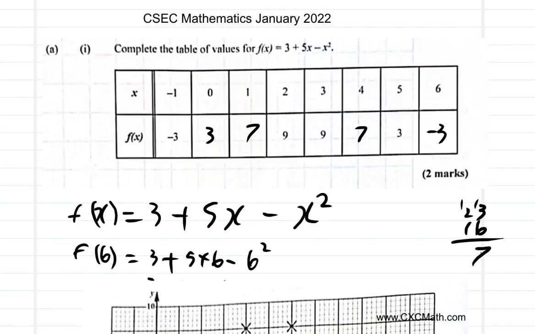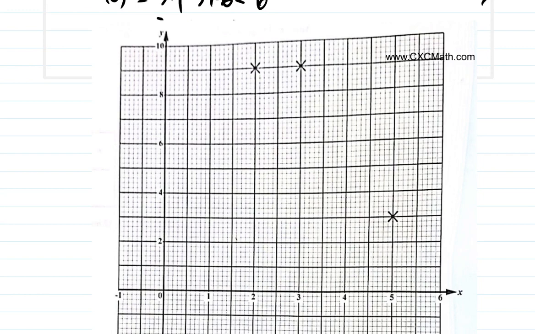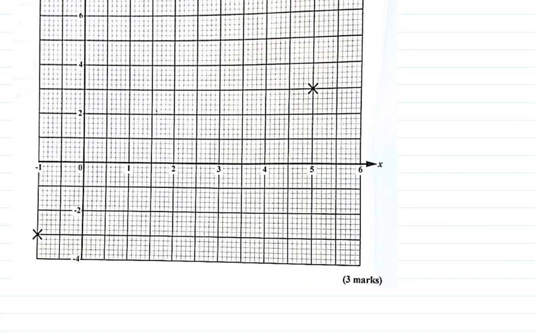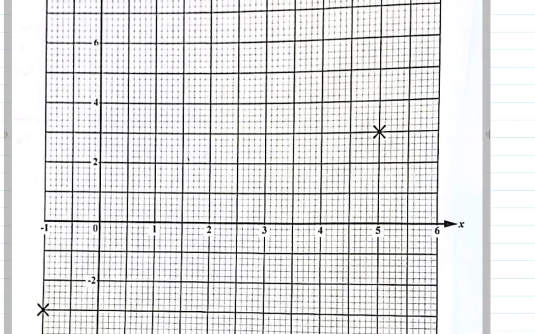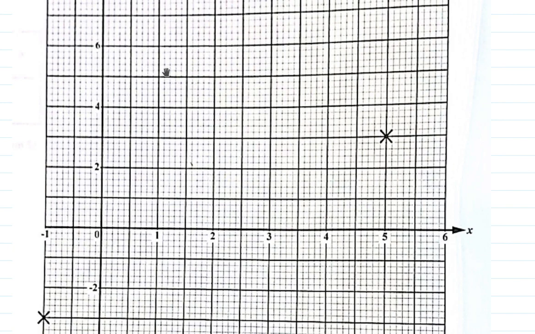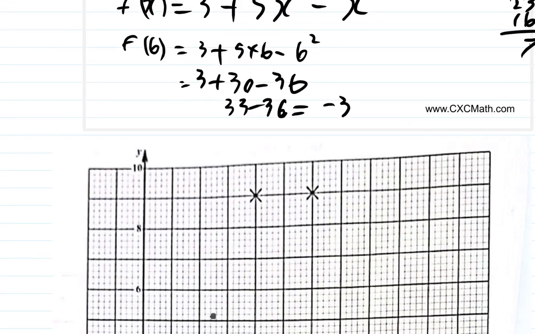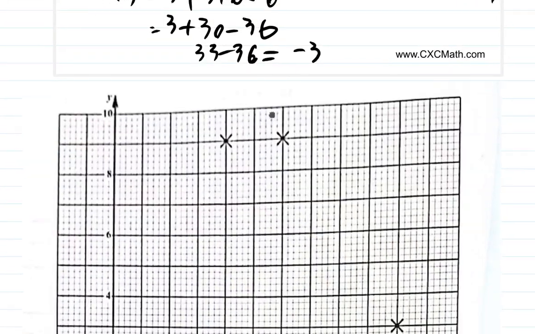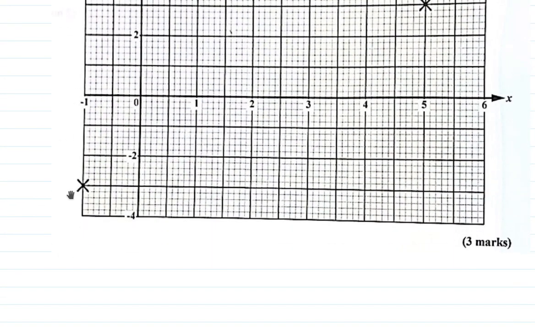So we have our graph sheet here. I want to fill in the various values for the graph. Let's expand the graph sheet a bit. We have negative 1, negative 3.